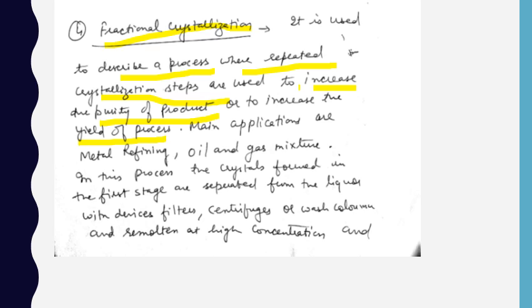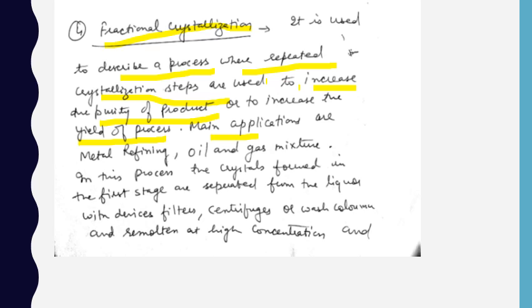If we want more yield and more purity, the crystallization step should be repeated. If we go for more and more crystallization steps in repeated form, we have more yield and more purity.